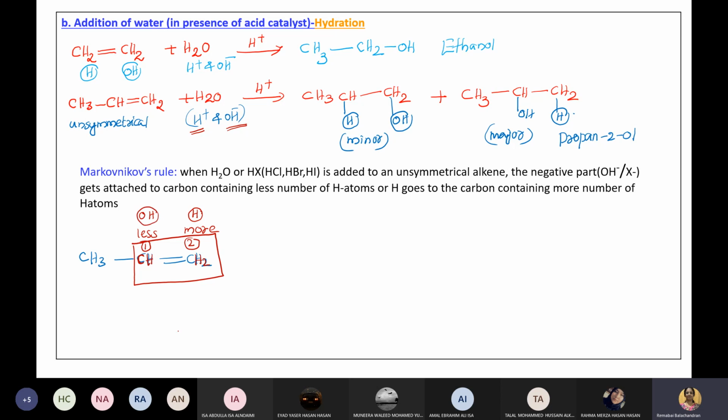So the rule is OH, the negative part, will go to the carbon which contains less number of hydrogen. Or if you want to tell the other rule, any one is okay. H will go to the carbon which contains more number of H. So what is the product here? You get CH3CHOHCH3. Did you understand? Yes, doctor.